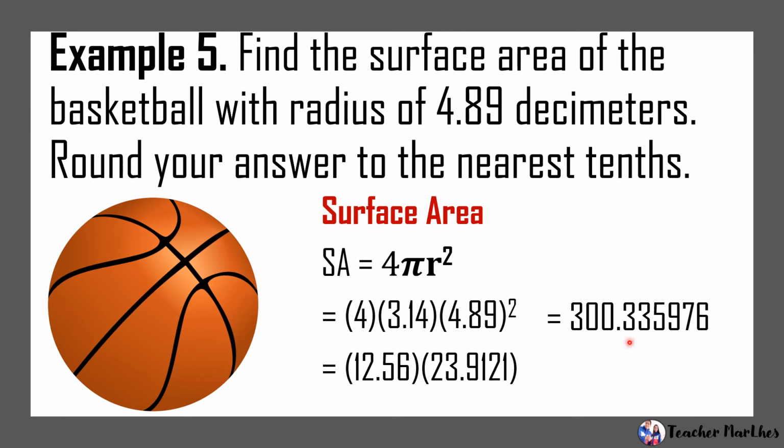So, place value nito ay tens. So, dito tayo mag-round off. So, ang katabi niya sa right ay 3. So, ibig sabihin, stay lang natin yung 3. So, ang final answer ay 300.3 square decimeters. So, the surface area of the basketball is approximately 300.3 square decimeters.